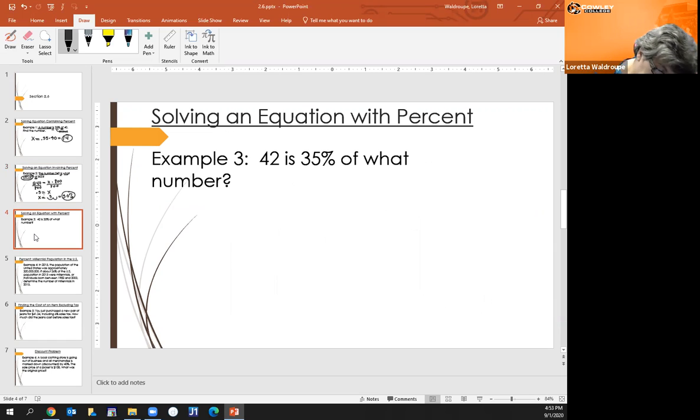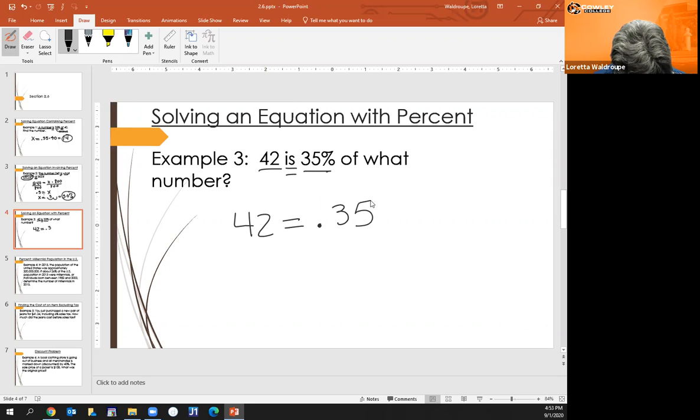Okay. Again, follow it word for word. 42 means equals 35% as a decimal is 0.35, of means times what number?